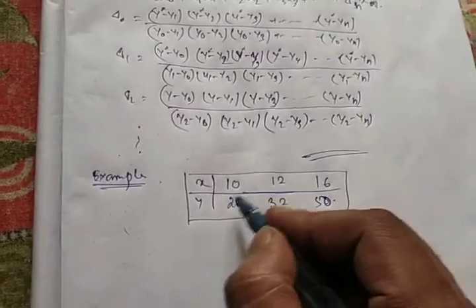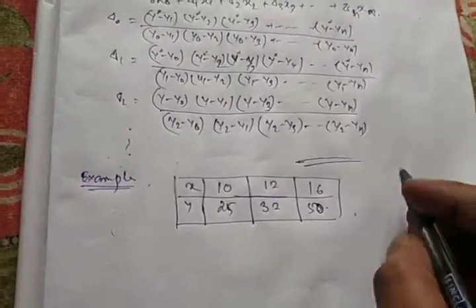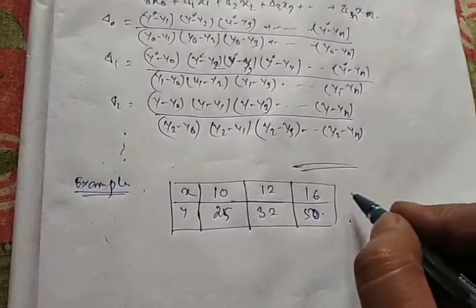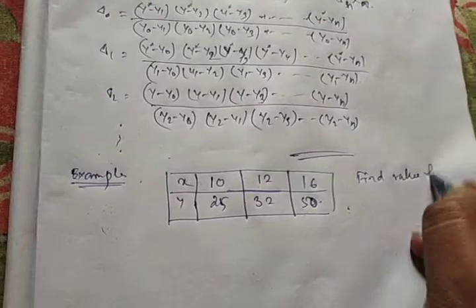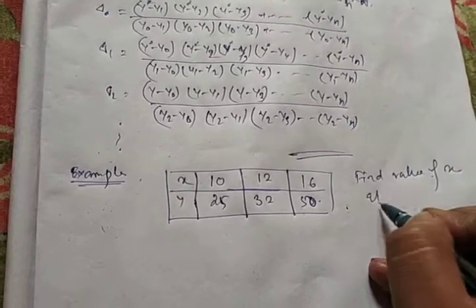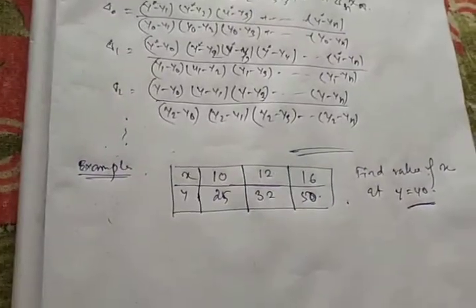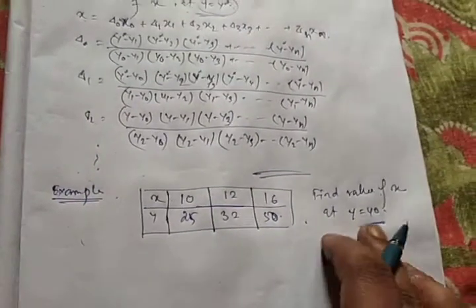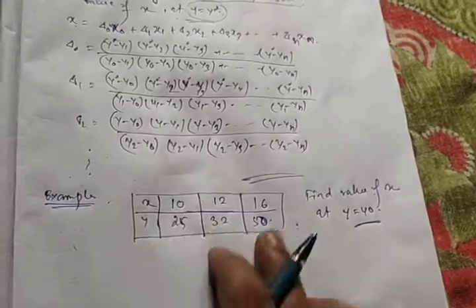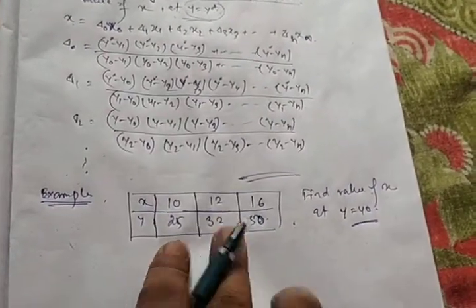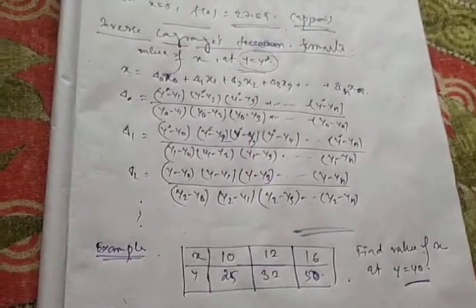Where we have to find the value of x at y equals to 40. Okay, so here we have to find value of x at y equals to 40, and the given data are not in the equispaced form. We will use the Lagrange inverse interpolation formula.